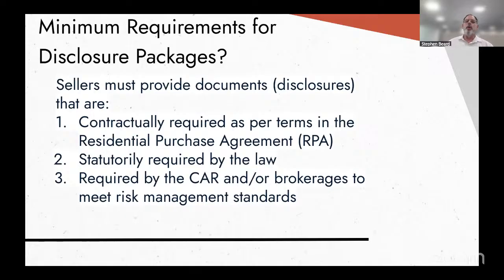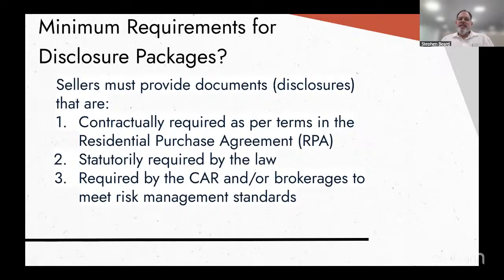I'm going to show you some of it, but the document has a lot of detail about what documents are included. In addition to what is contractually required, there is stuff that state of California law says you have to include. That's called statutorily. Okay, it is required by law.